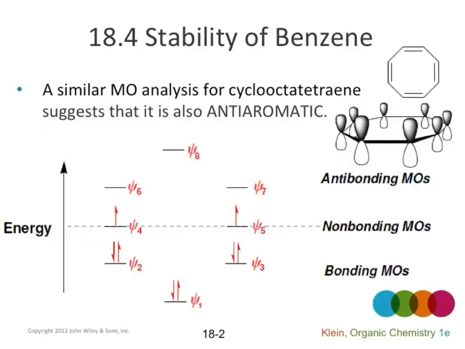Okay, so one of the last examples we ended with was looking at its orbital arrangement and whether or not it classifies as aromatic. It turns out that if we look at the molecular orbital picture, we would classify it as anti-aromatic.